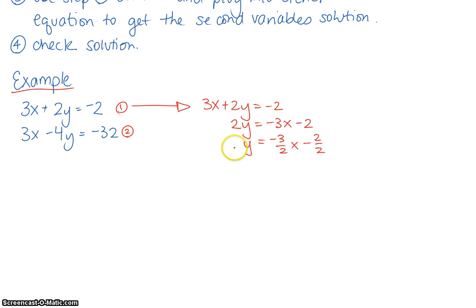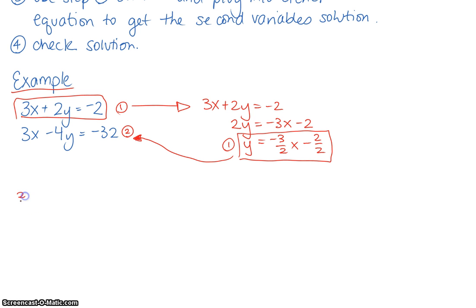Now that we have this, our first equation, we take our isolated format of the first equation and we're going to plug it into the other equation, so equation number 2. Wherever we see a y, we're going to replace it with negative 3 over 2 x minus 1. So, step 2, we take 3x minus 4y equals negative 32.